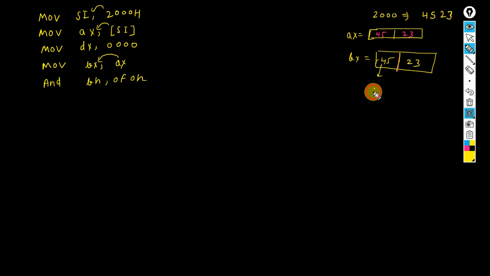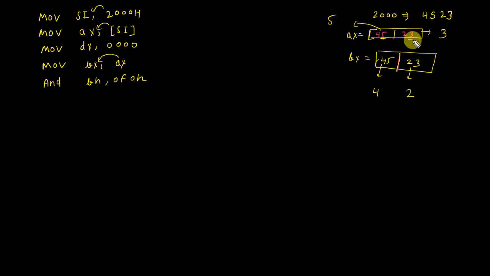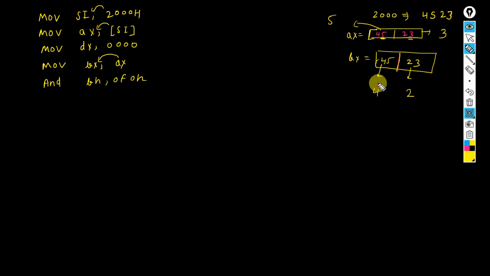We extract 4 from BH, 5 from BL, 3 from AL and 2 from the AX register. So in the AX register we extract the unit place numbers, and in the BX register we extract the tens place numbers. So 4 is extracted from here, 2 from here, 5 from here, and 3 from here.